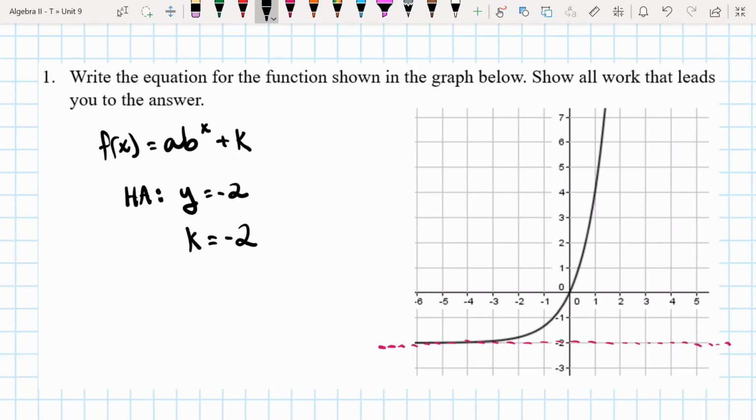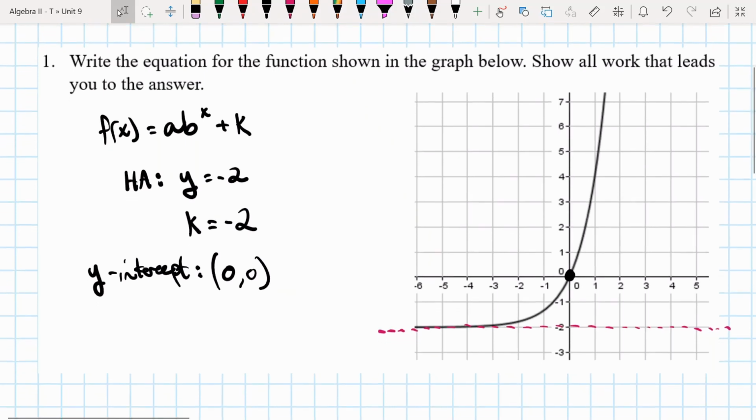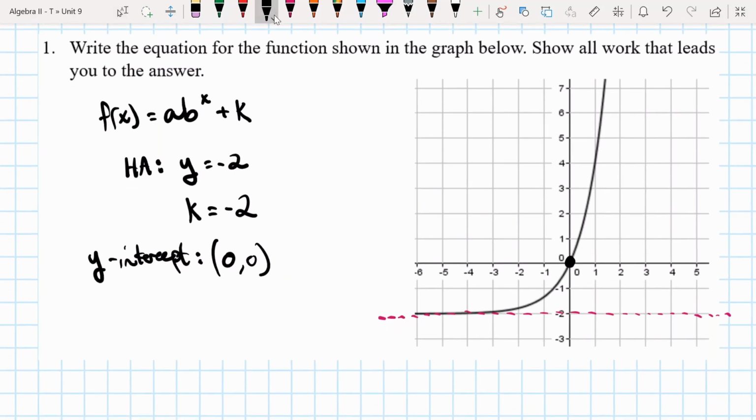Okay, next we're going to plug in the y-intercept. So the y-intercept in this case is located right here, and that's (0, 0). The y-intercept is useful because it will allow us to find the a value. The way we're going to use the y-intercept to find the a value is by plugging it into our original equation.